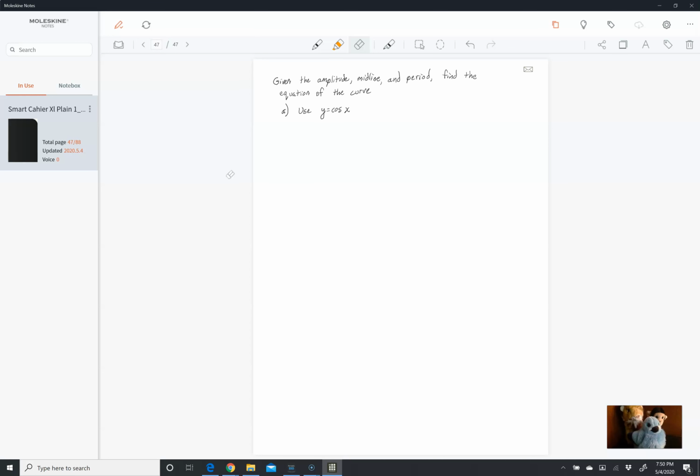So use y equals cosine of x, use an amplitude of 3, a period equal to 6 pi, and a midline of y equals 2. So you're given the amplitude and the midline.